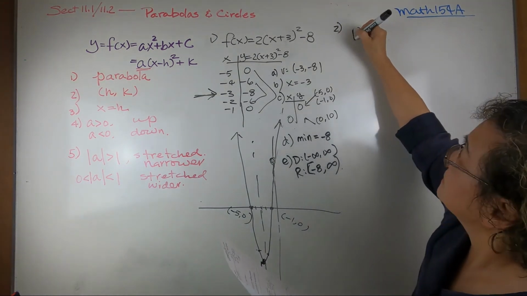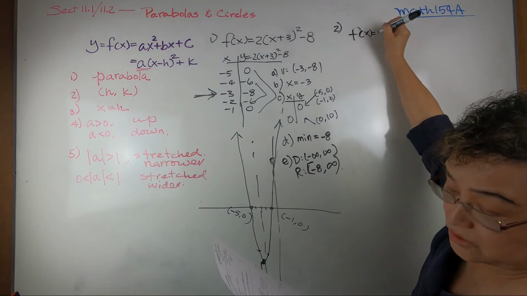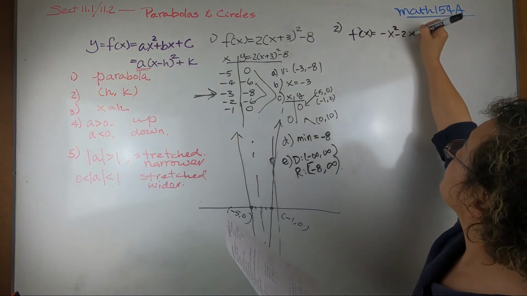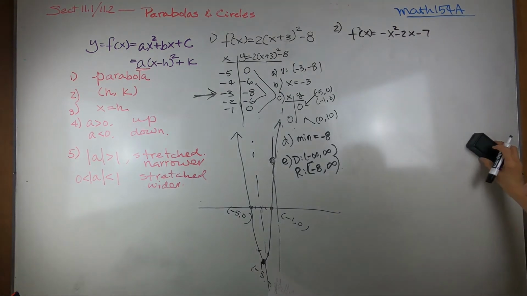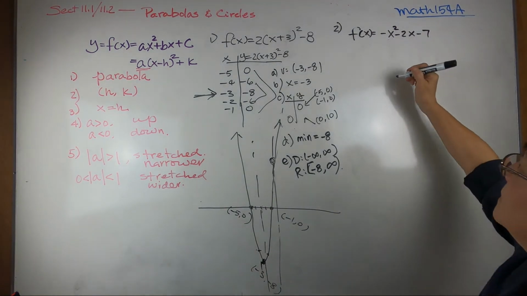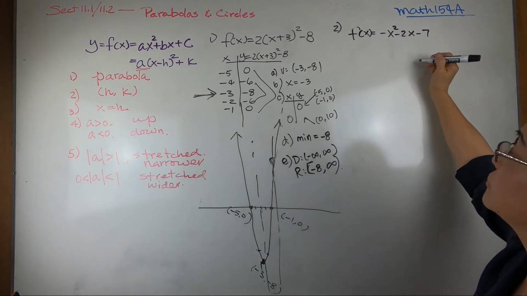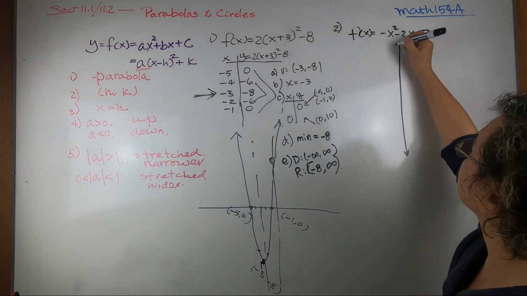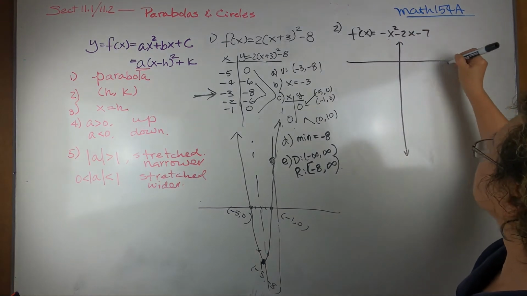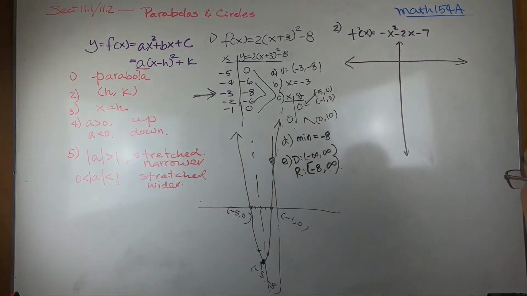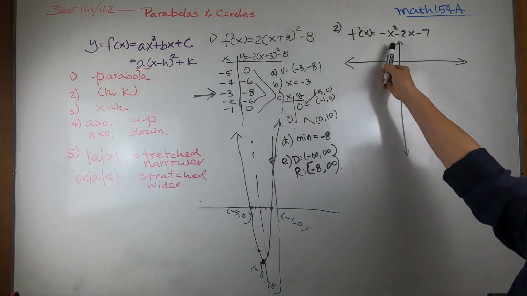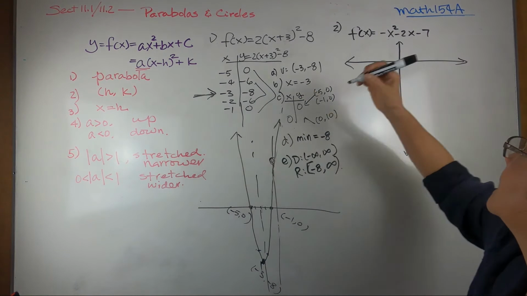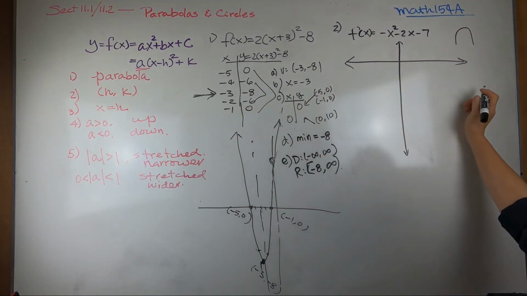Then next one, if we have f of x equals -x squared minus 2x minus 7, okay, we are going to graph it. So the leading coefficient is what? Negative, so it opens down. It should look like this.